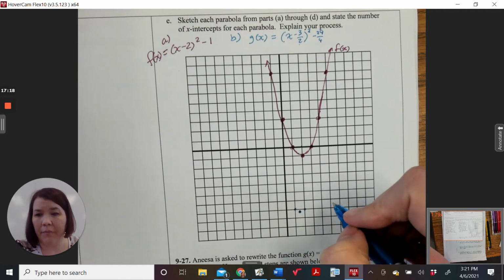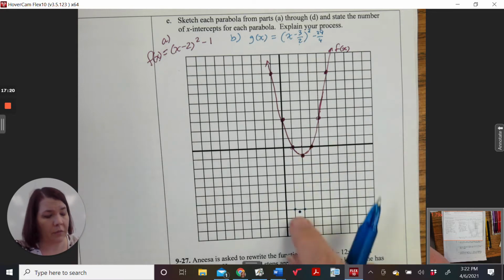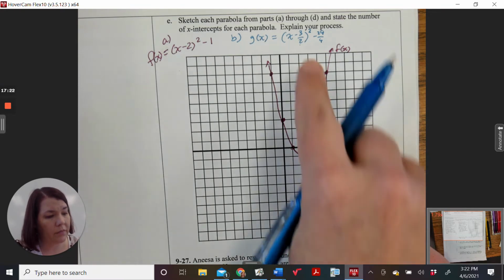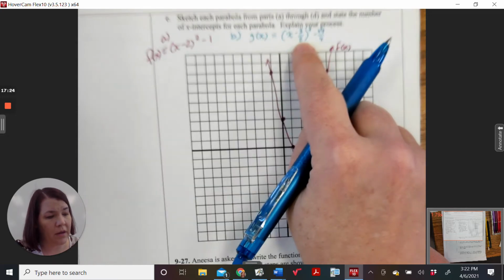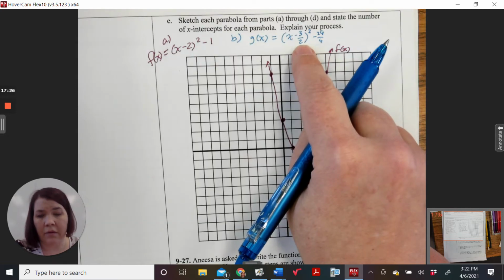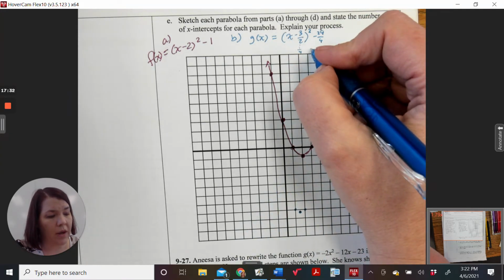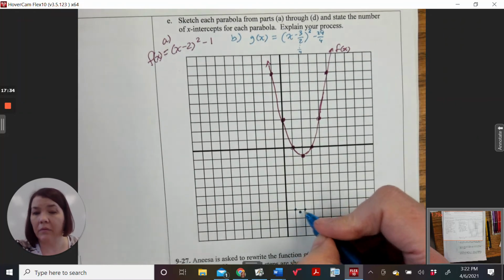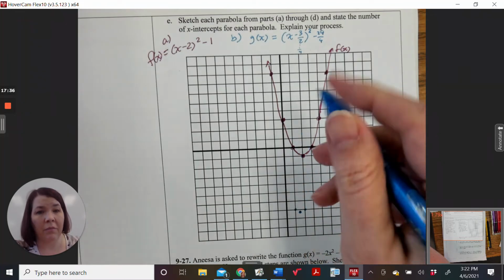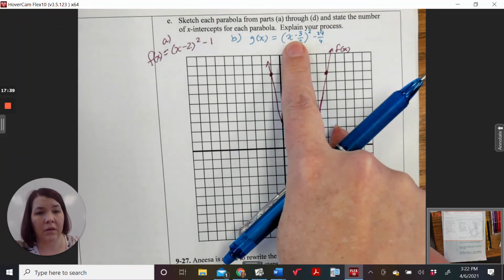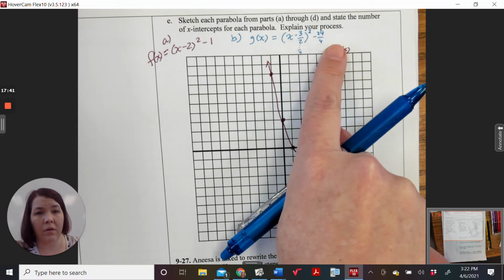And I can't remember. So if I plug 1 in to this, I get negative half. Half squared is 1/4 minus 28 over 4, which is 7. And that's what happens. So that's why those are both 7. If I plug 0 in, I get 9 over 4 minus 29 over 4.